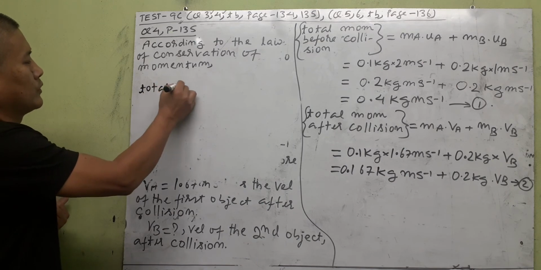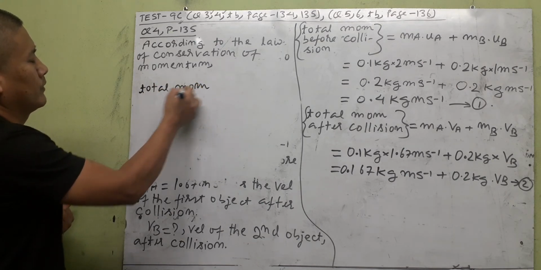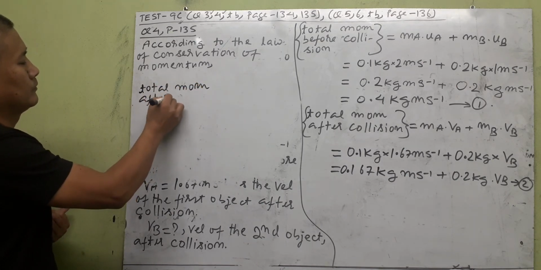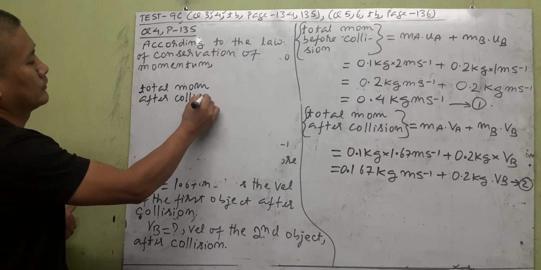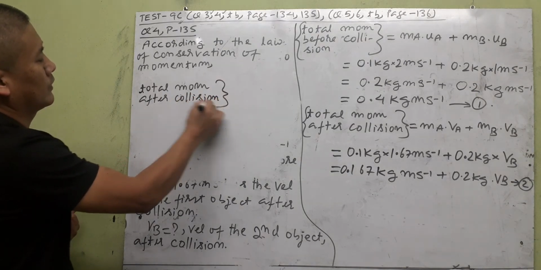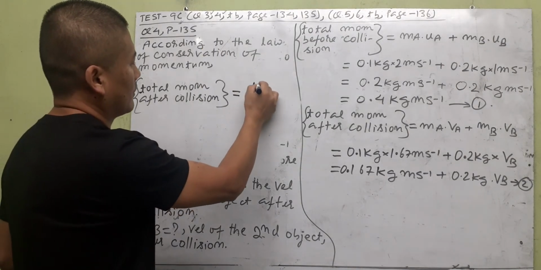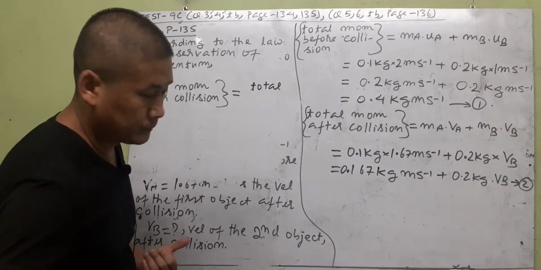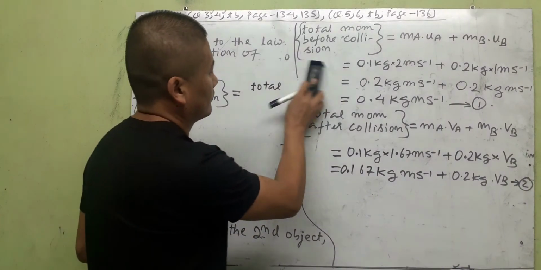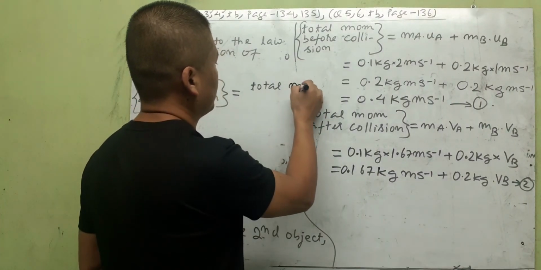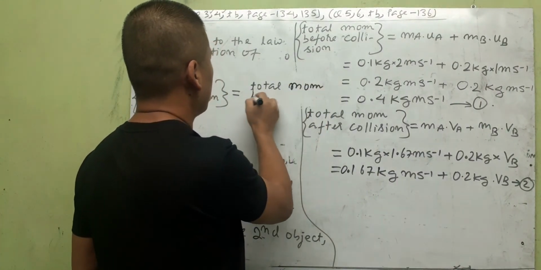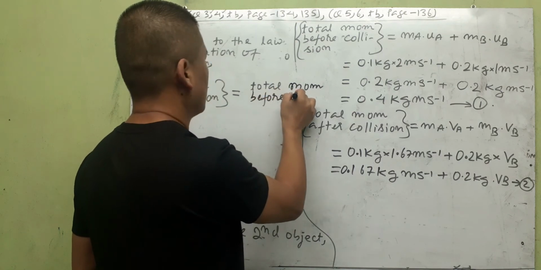Total momentum after collision is going to be equal to, according to the law, total momentum before collision.